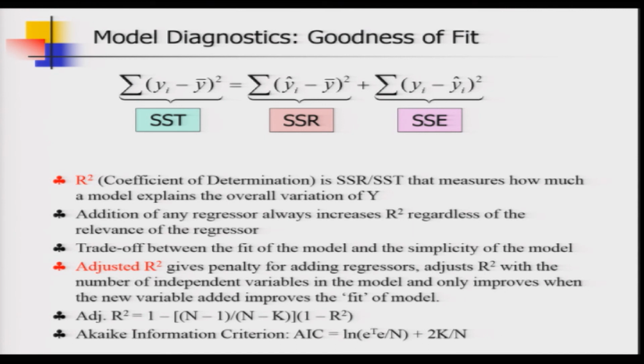As you throw more and more explanatory variables in the linear regression equation, E transpose E falls, but although the first component is overall falling, the second component actually is rising, because 2 and n are fixed numbers.